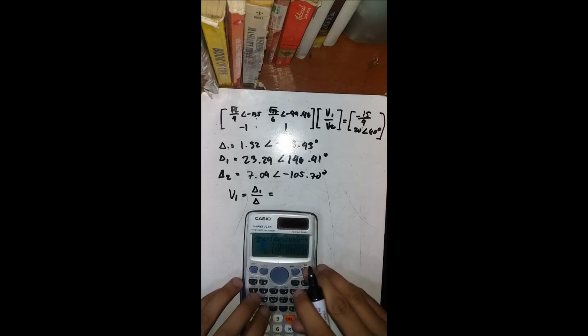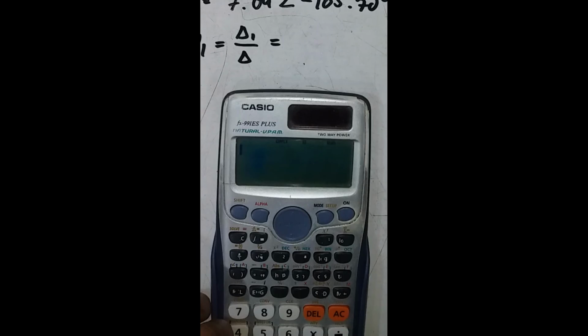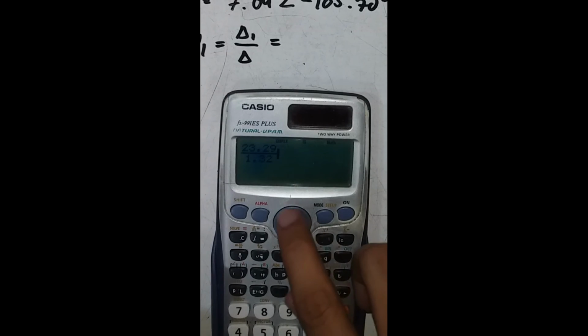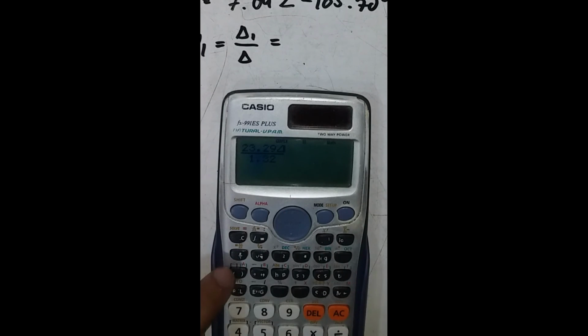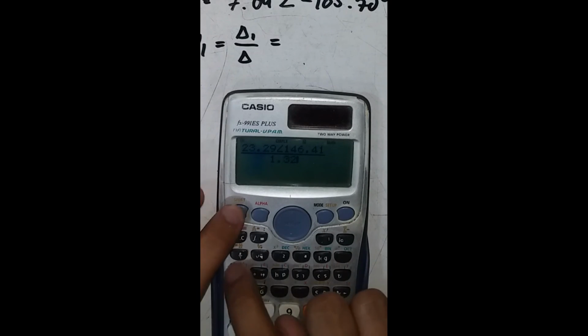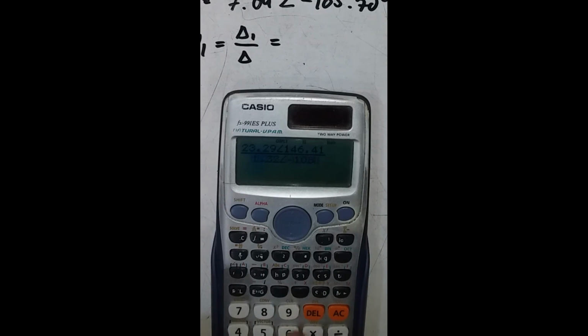In order to find V1, it's just your determinant 1 over your main determinant. So we get here 23.29 all over 1.32, and I forgot the angle. So angle of 146.41 minus negative 108.43.